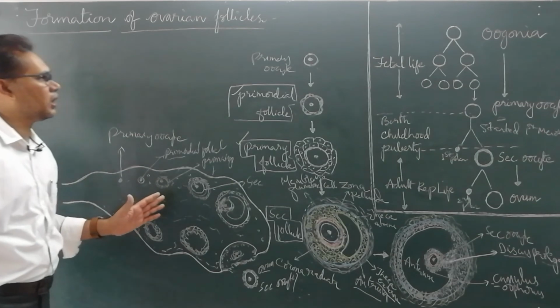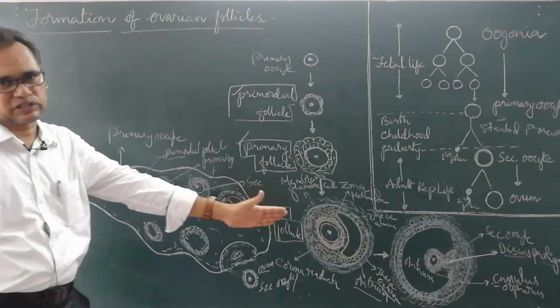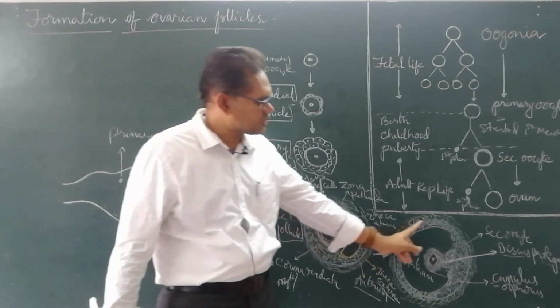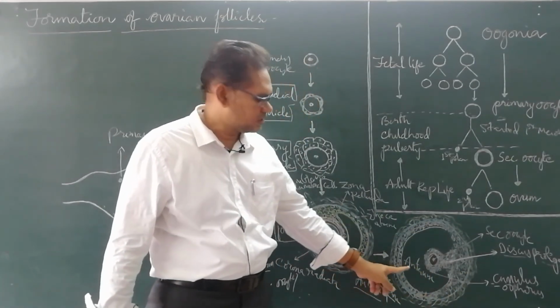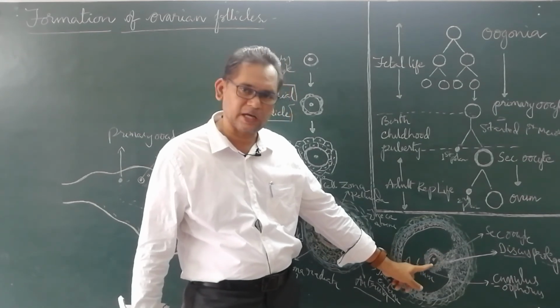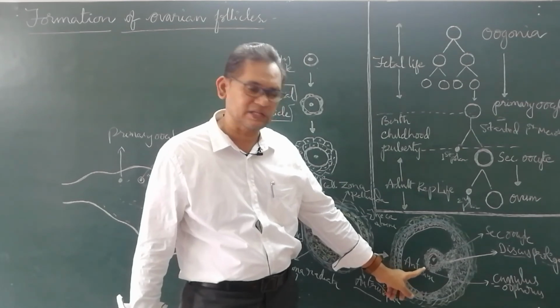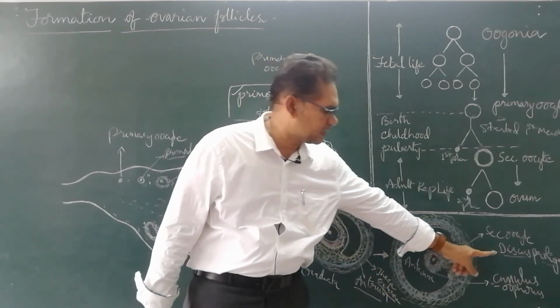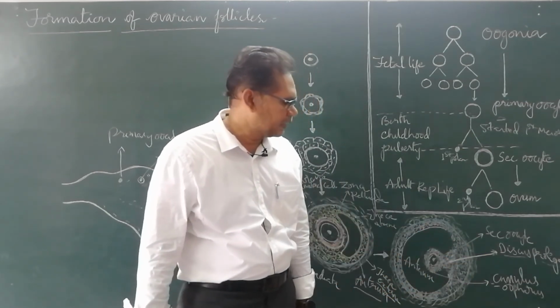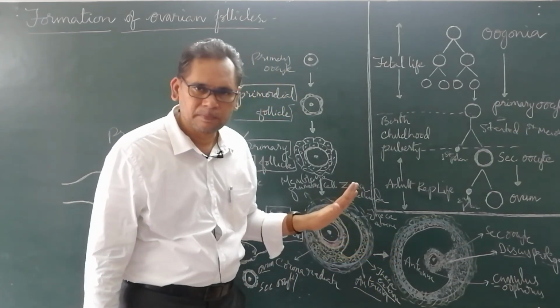Okay. This is how the formation of ovarian follicles takes place. Now, if you observe the structure of this tertiary follicle, this is the fluid filled space antrum, this is the innermost covering zona pellucida, then corona radiata, then membrana granulosa cells called cumulus oophorus, where it gets attached this space is called discus proligerus, and theca interna, theca externa.